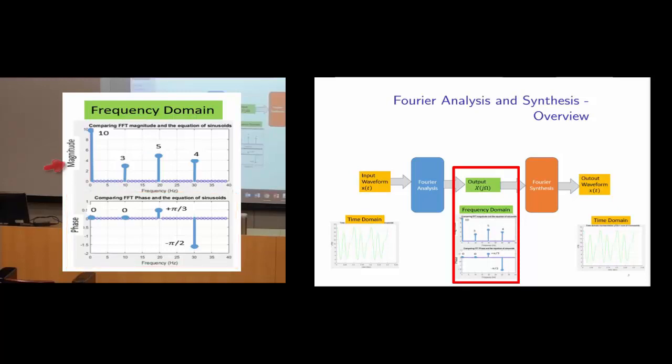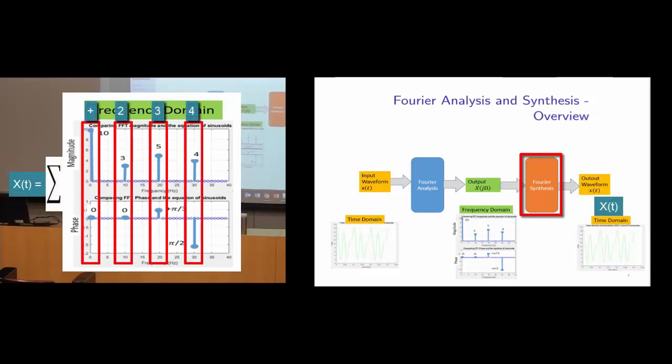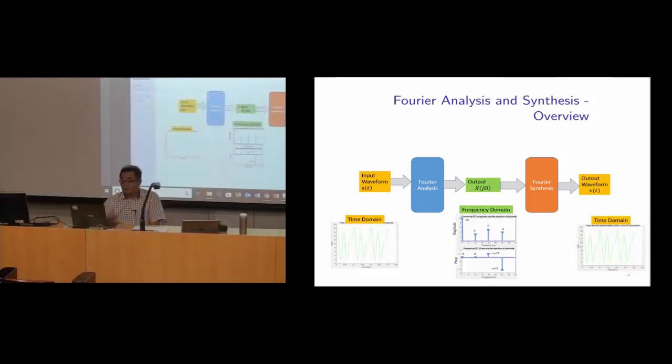Since you know the amplitude, the phase, the frequency, as well as the number of cosine waves, you can perfectly reconstruct the original signal back by the Fourier synthesis machine. The Fourier synthesis machine is nothing but adding up these 4 cosine waves in this example, and then we reconstruct perfectly. What Fourier has told us is that for a periodic signal, we can decompose it into a sum of cosine waves.